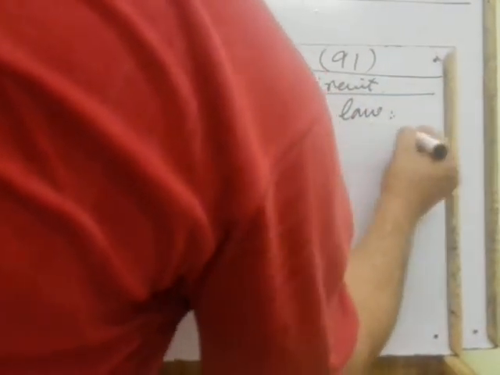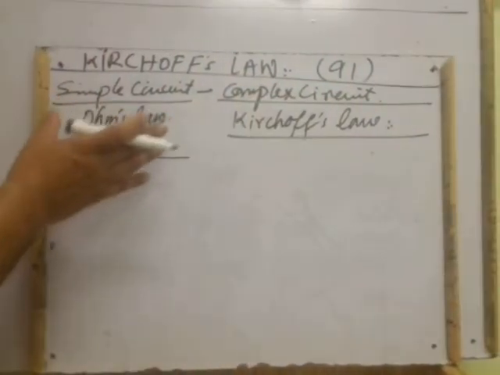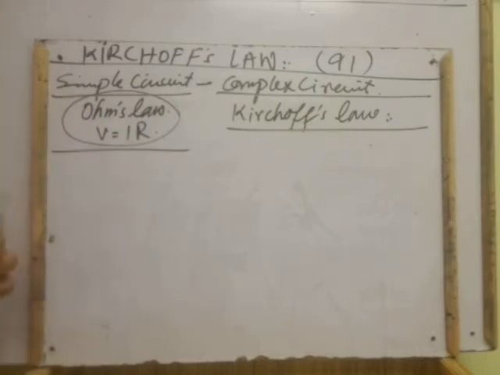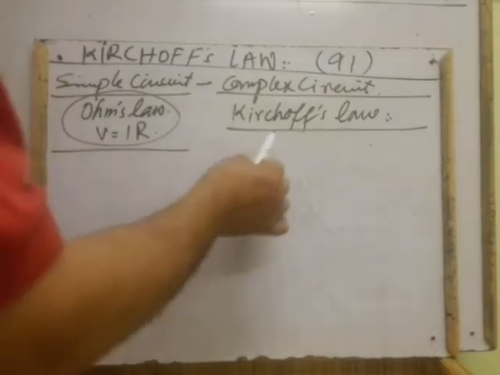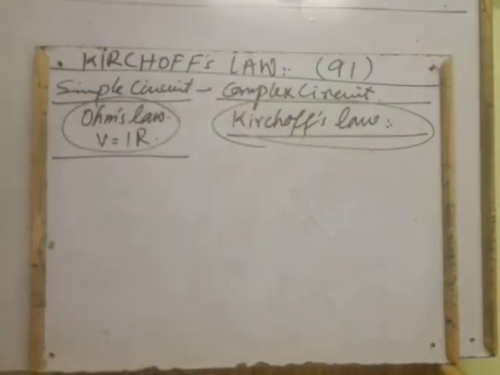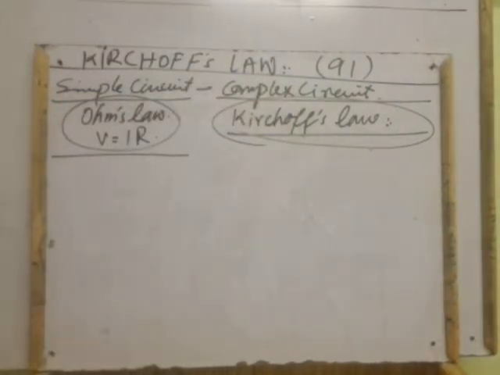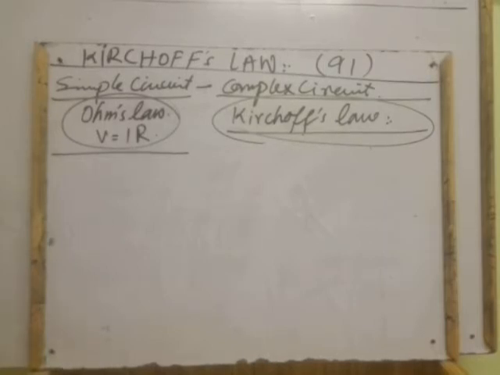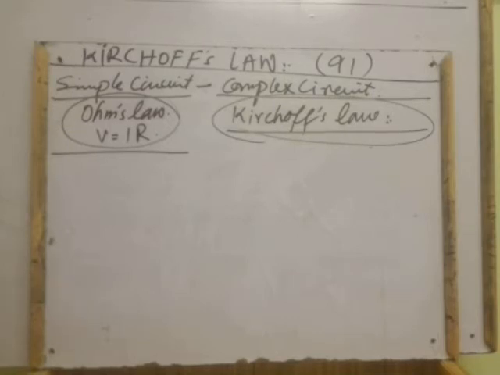The main idea and main theme of Kirchhoff's laws and Ohm's law is the same. It's another manifestation of the law of conservation of energy for a simple circuit, and for complex circuits. Ohm's law cannot be applied to solve complex circuits.